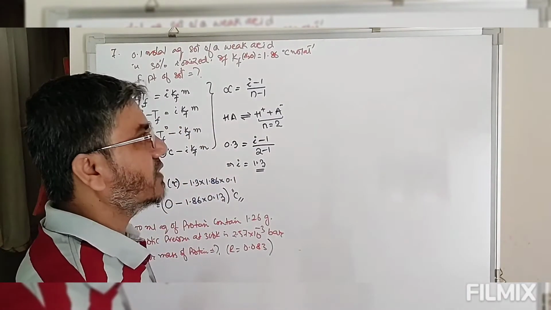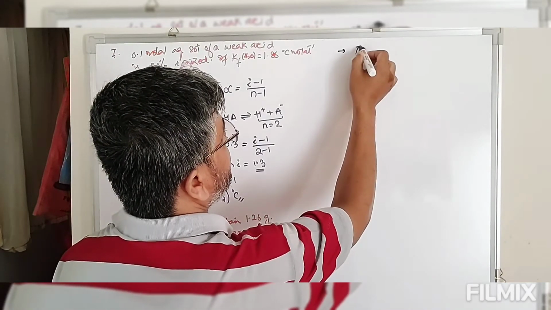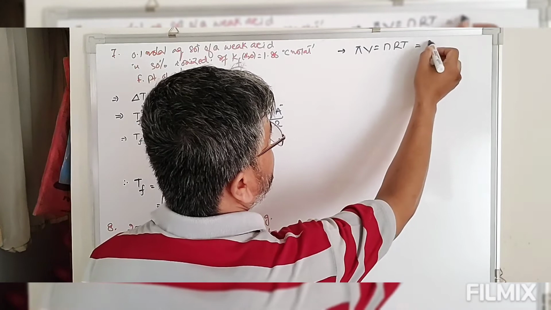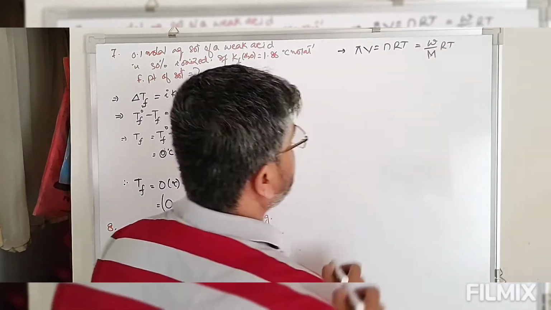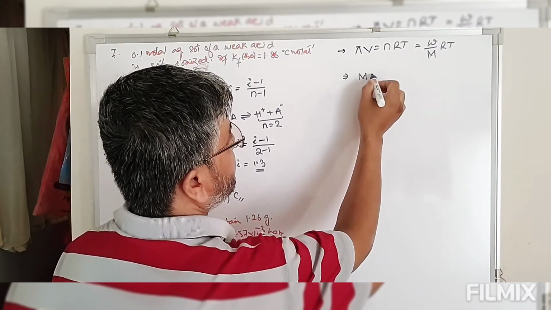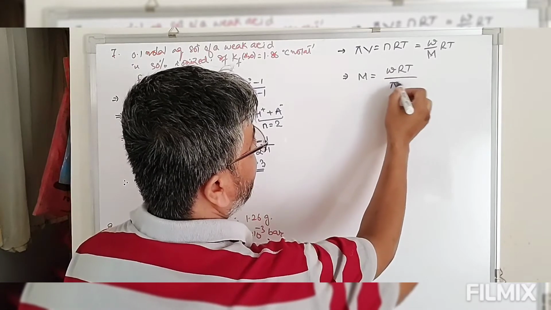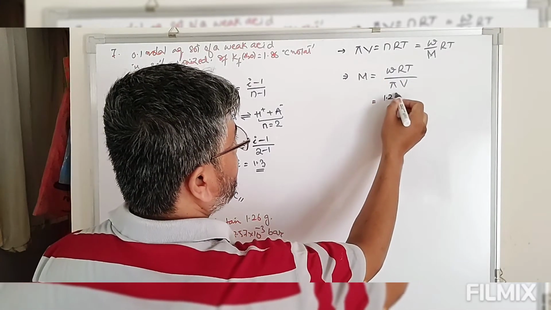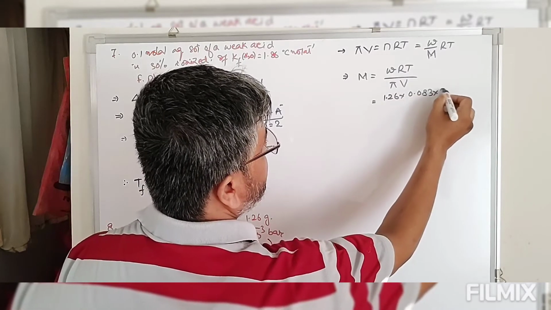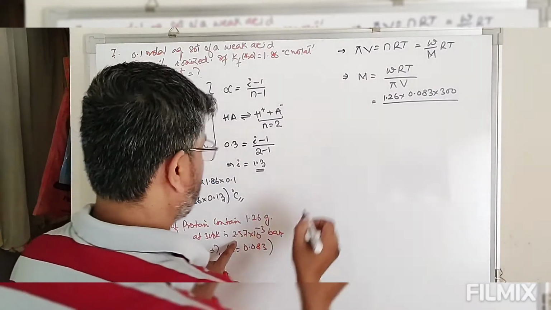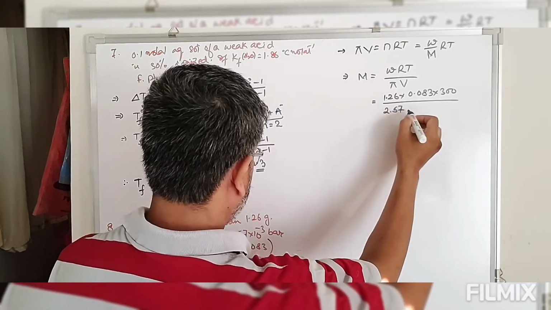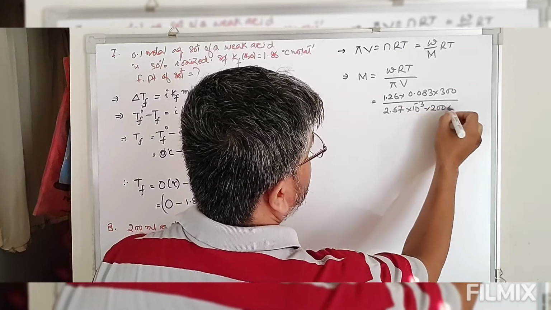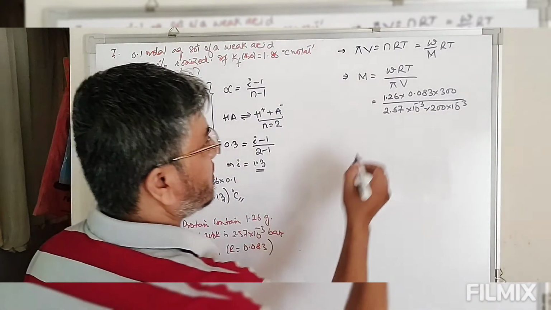Since osmotic pressure is given, we use the osmotic pressure equation: pi V equals n R T. Now n equals mass divided by molar mass, into R into T. So the molar mass equals W R T divided by pi V. All the values are given: W is 1.26, R is 0.083, temperature is 300 Kelvin, osmotic pressure is 2.57 into 10 to the power minus 3, and volume is 200 into 10 to the power minus 3.